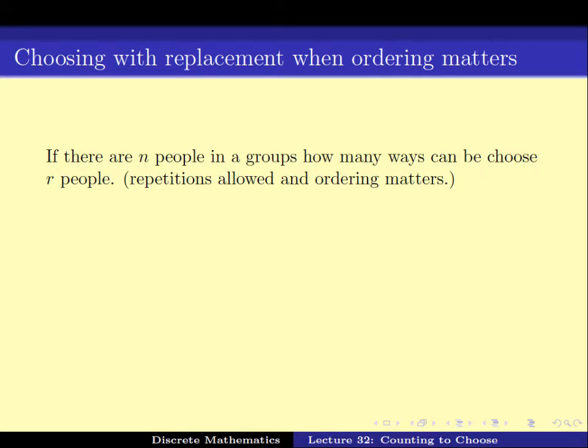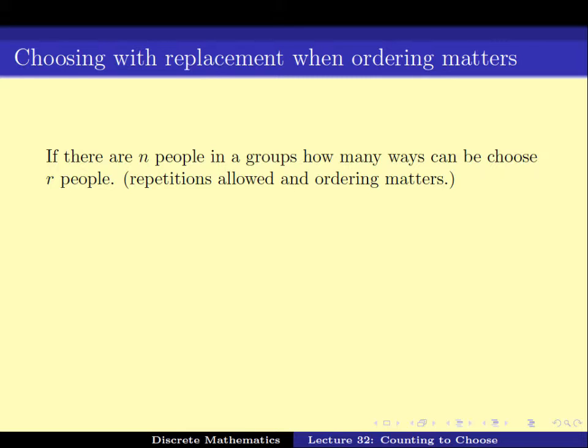I have to choose 7 constables for 7 days. Repetition is allowed in the sense that the same constable can be assigned multiple nights. And ordering matters, meaning whether constable 1 does the Monday job and constable 2 does the Tuesday job is different from constable 2 doing the Monday job and constable 1 doing the Tuesday job. So if I shuffle the assignments, I get a completely different allocation, right?